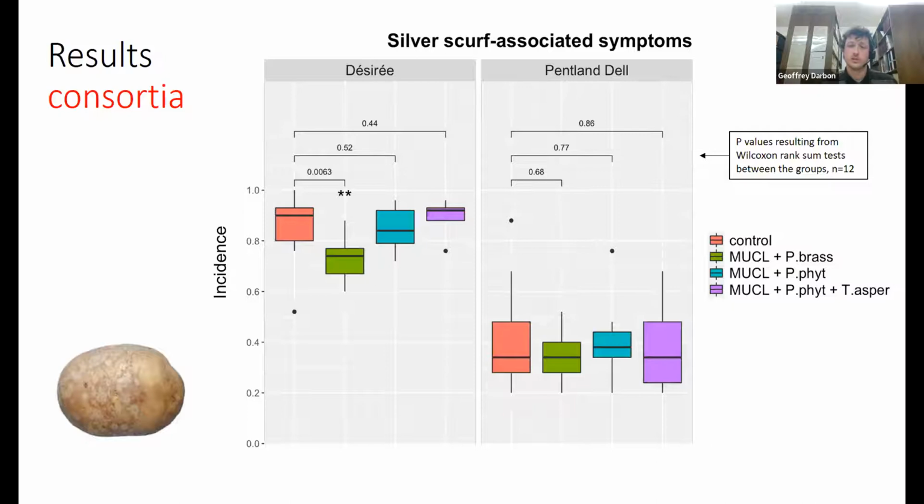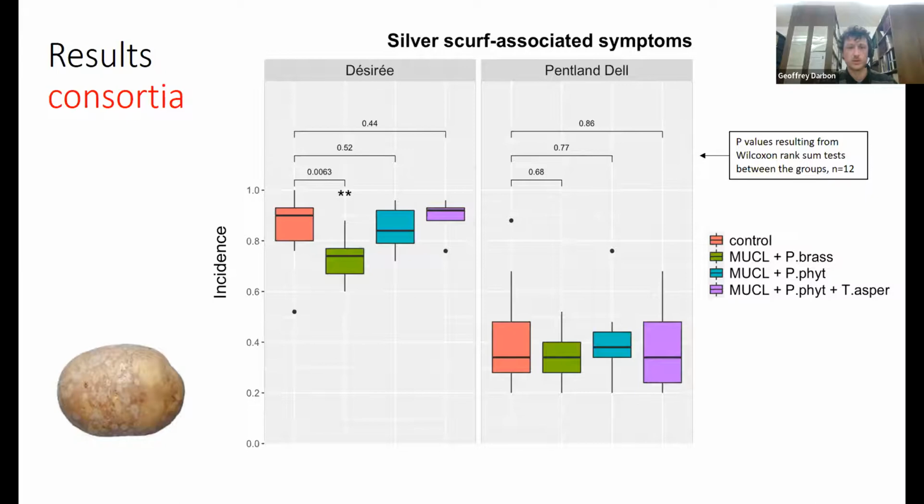Another thing you can see is that the level of infection with silver scurf was a lot lower in the variety Pentlandel on the right panel in comparison with Desiree, and that we did not observe any significant difference resulting from inoculation in Pentlandel, suggesting an interaction between cultivar and the inoculated microbials.